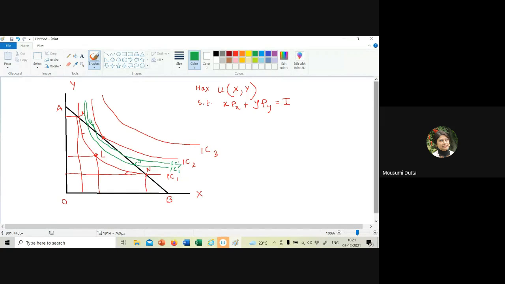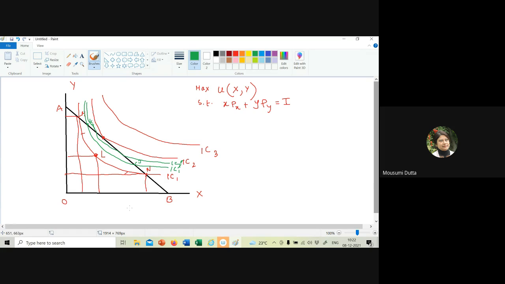Say IC1 double prime, which is above IC1 prime. Okay, so when the consumer is at M or N, there is a further chance that the consumer can move to K or J and can remain on a higher indifference curve, thereby enjoying a higher level of satisfaction.